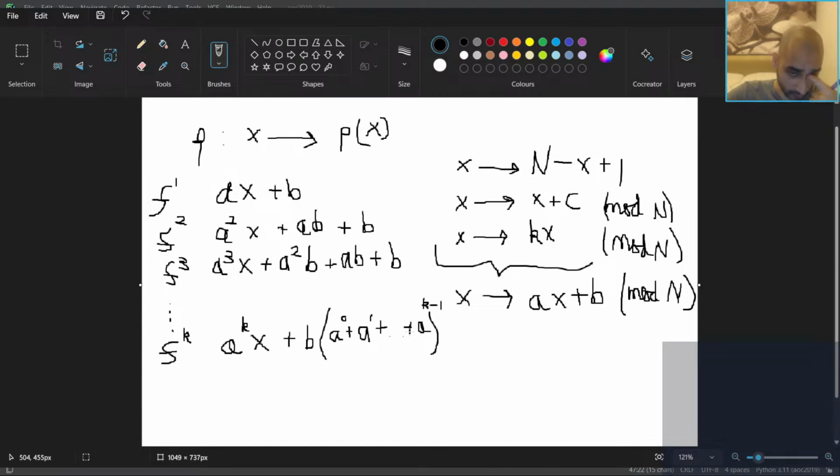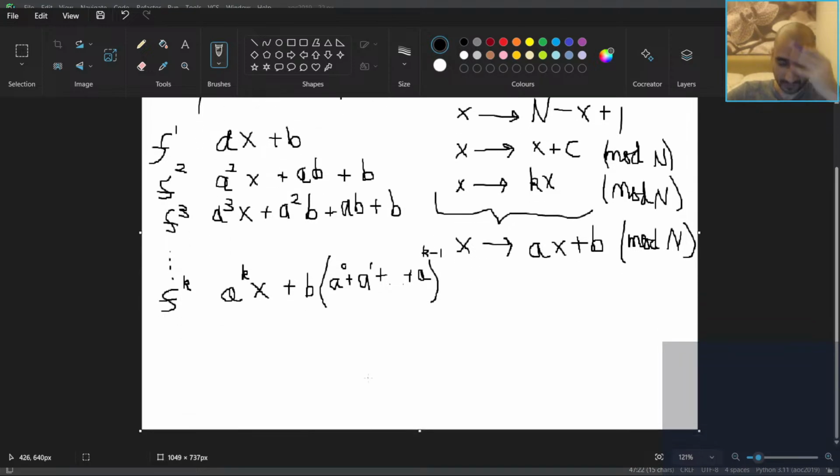That's a geometric progression. Can't remember, what was the formula for this? Is it A to the K minus 1 over A minus 1?